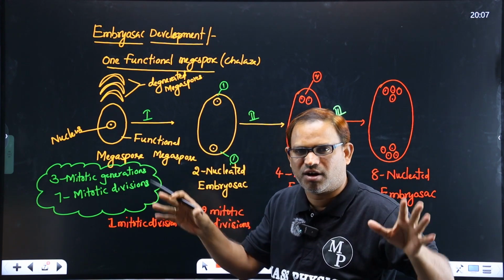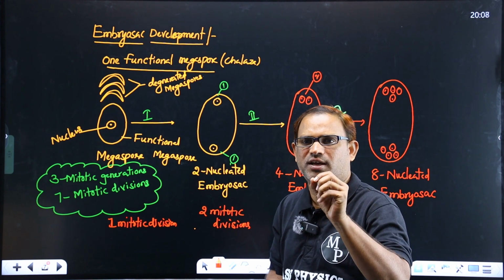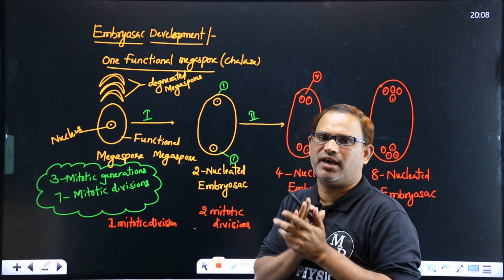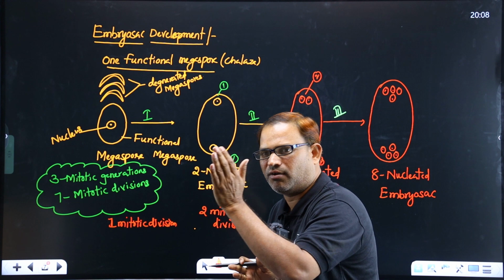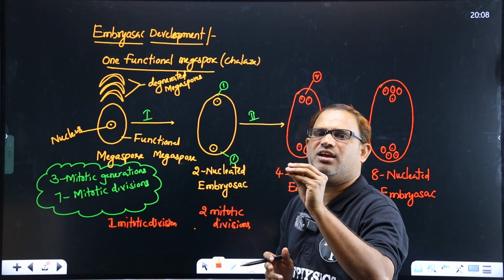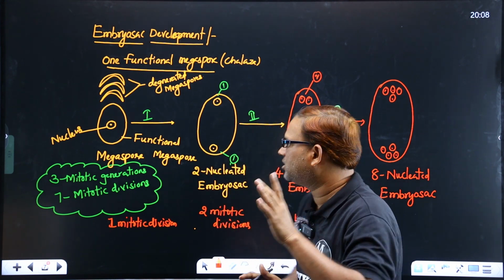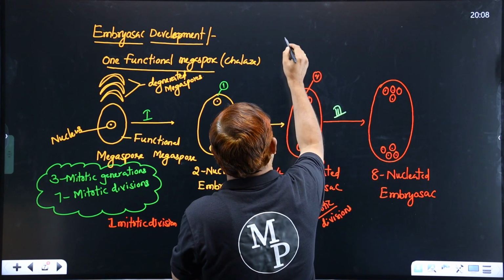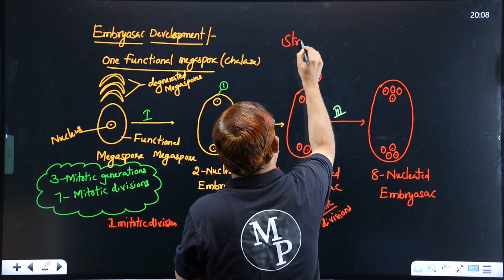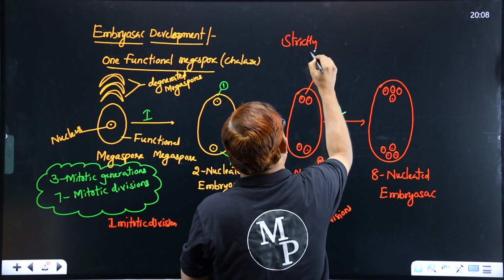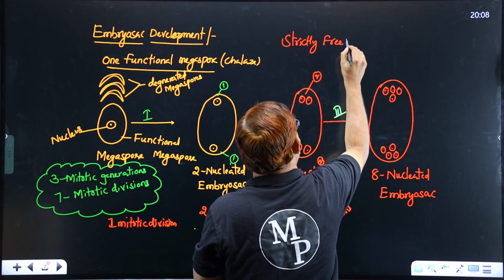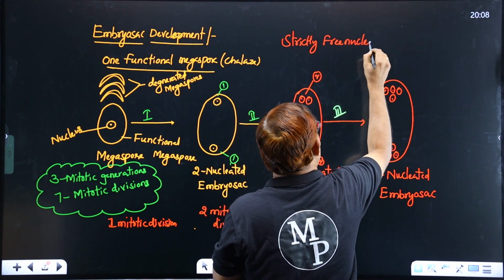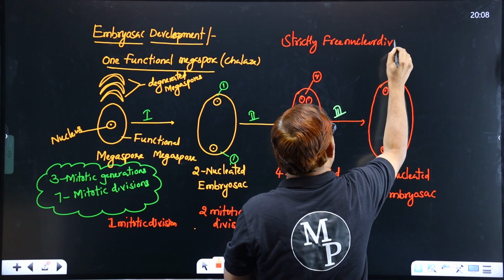There is no cell wall formation, just nuclear division takes place. All these nuclear divisions are strictly free nuclear divisions.